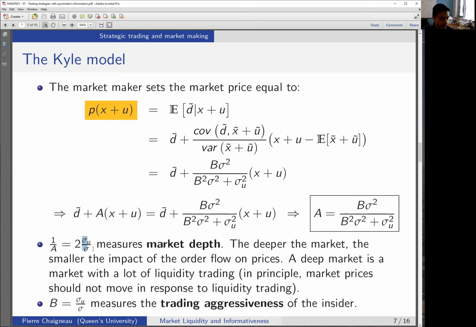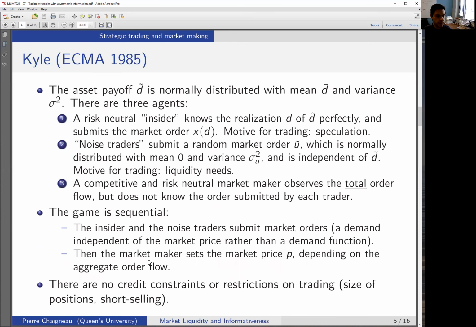The second component is sigma here. And so what is sigma? Now we need to think more about what sigma represents. Sigma is the uncertainty about the value of the asset. Of course, from the perspective of the traders, there is no uncertainty because this trader knows D. But from the perspective of the market maker, this uncertainty is very relevant.